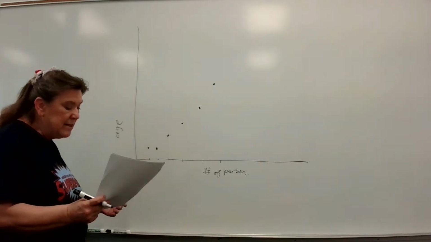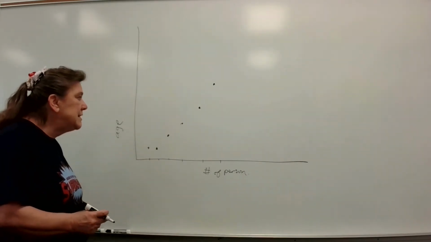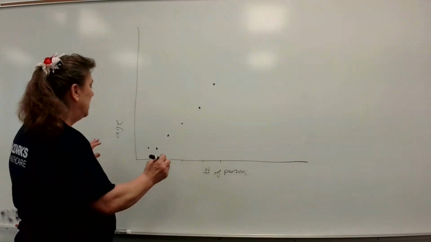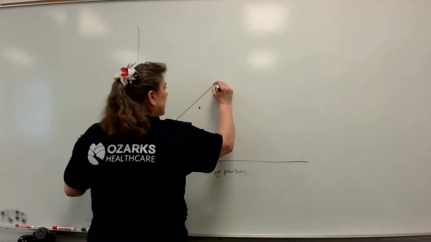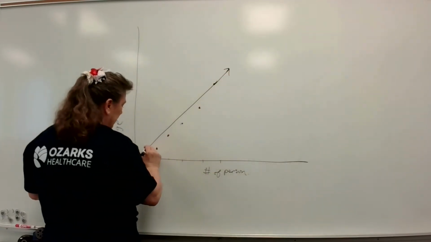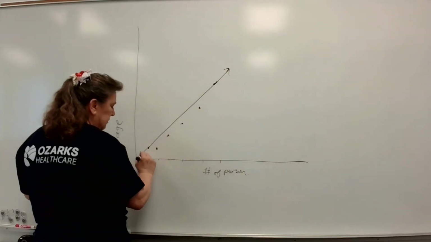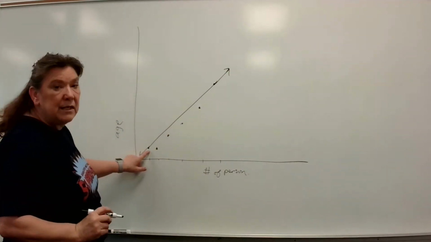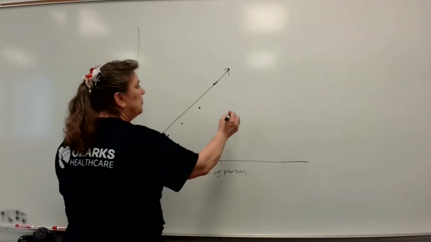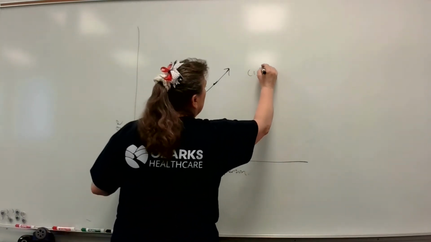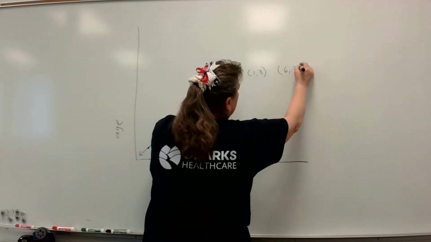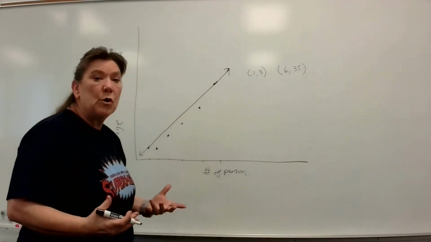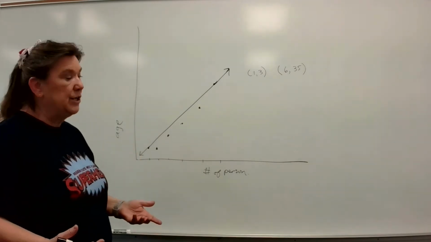Once you have done that, it asks you to take and connect the lowest value with the highest value. Draw a line between the two. And then using the ordered pair of this one, which would be 1, 3, and the ordered pair of the last one, which was 6, 35, figure out the slope, which you will also cover in your course.